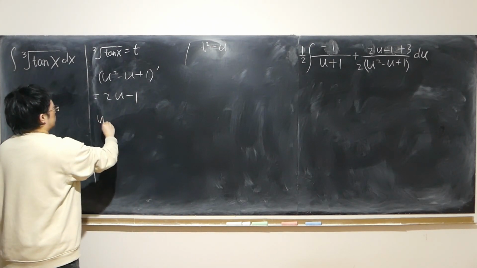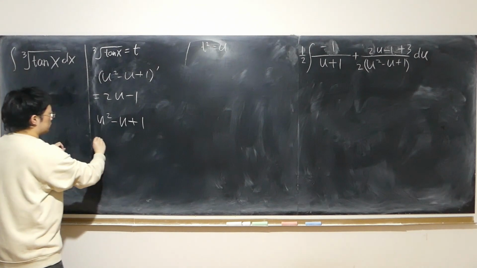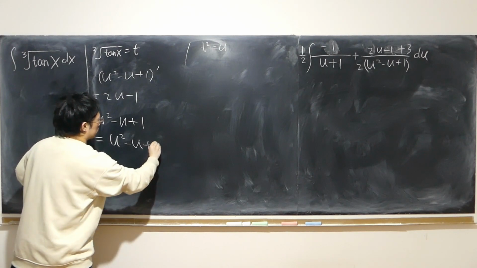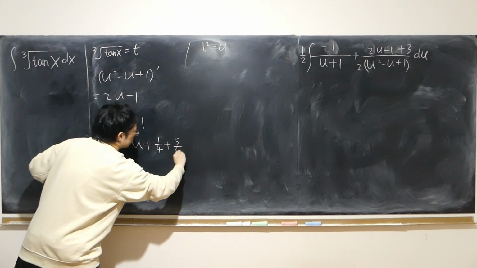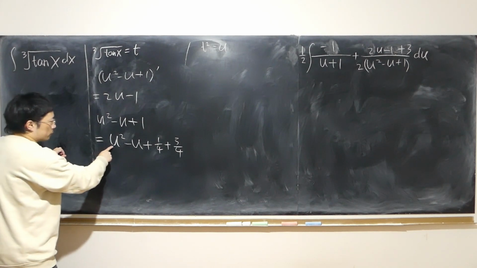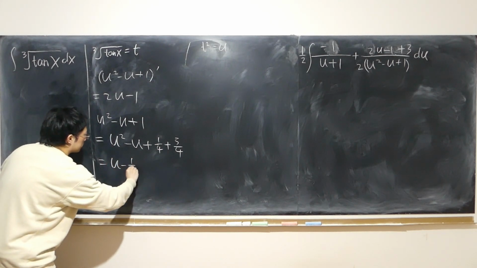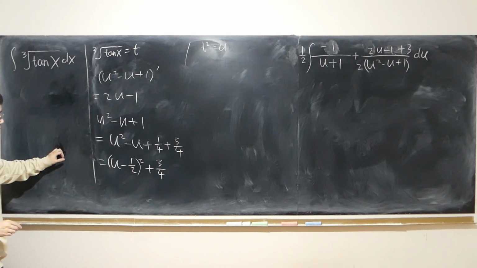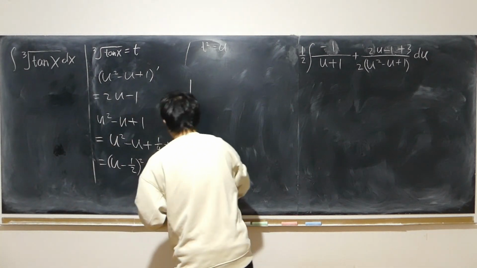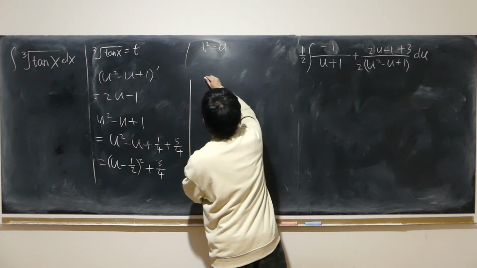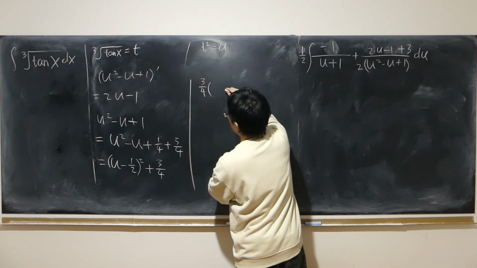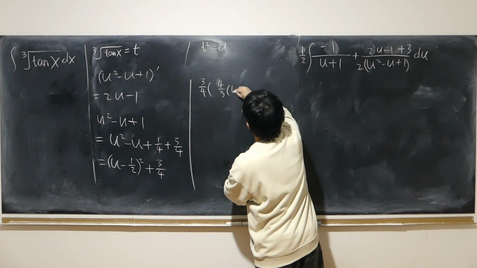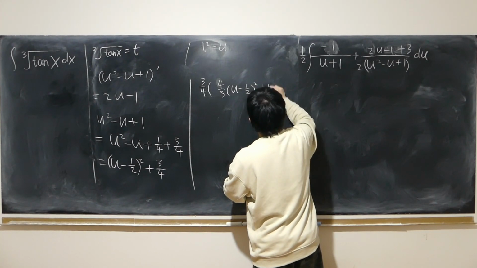The question is, how can I rewrite this into a perfect square? So u squared minus u plus 1 over 4, plus 3 over 4. That way this is a perfect square: u minus half squared plus 3 over 4. I can further factor out 3 over 4, so 4 over 3 times (u minus half) squared, plus 1.